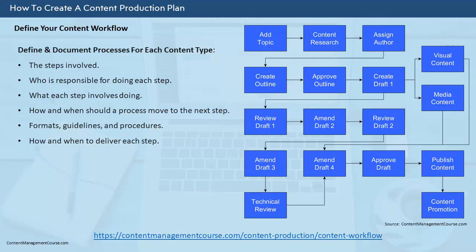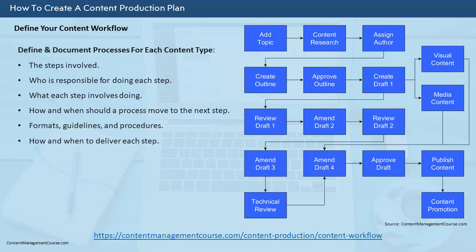In terms of defining our workflow, we want to outline the processes for creating, reviewing, editing, and publishing content for each different type of content that we will create. Obviously, creating an article for a blog requires a different process than creating a video.